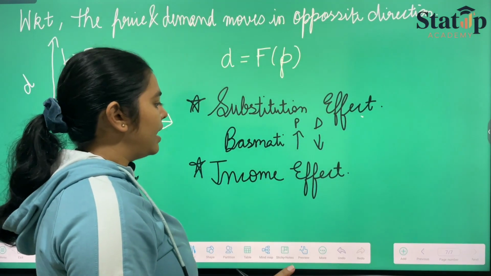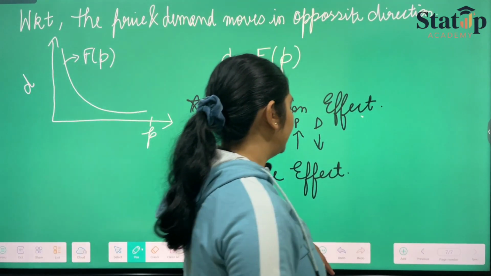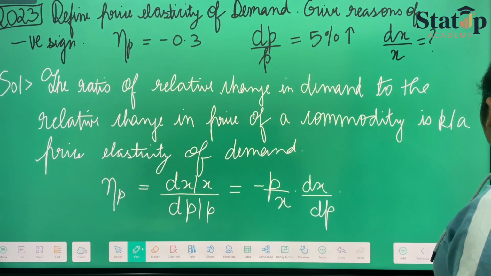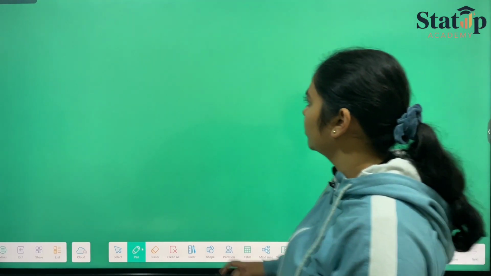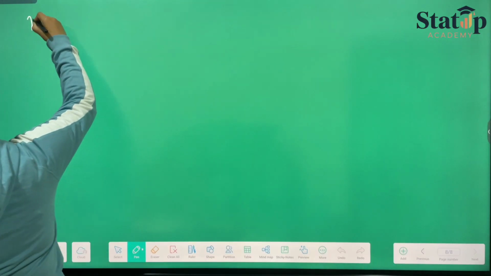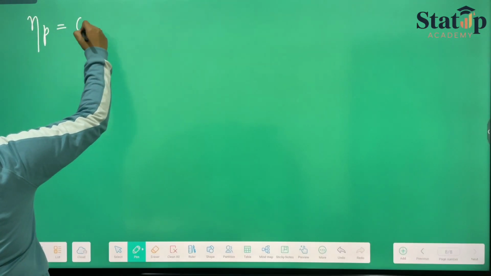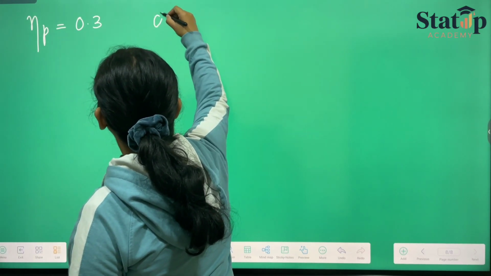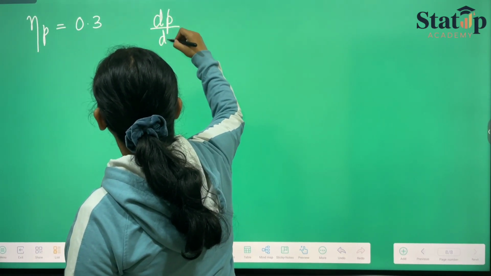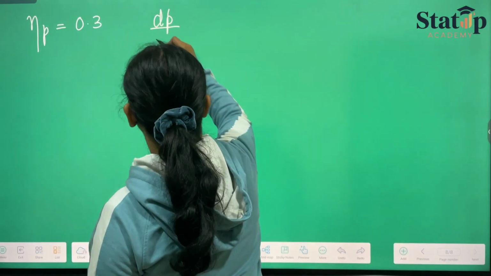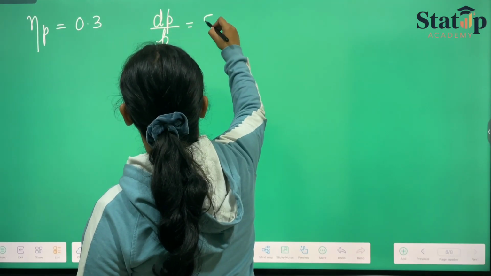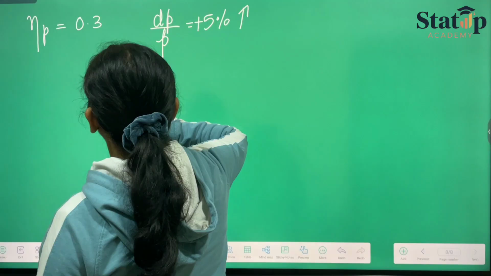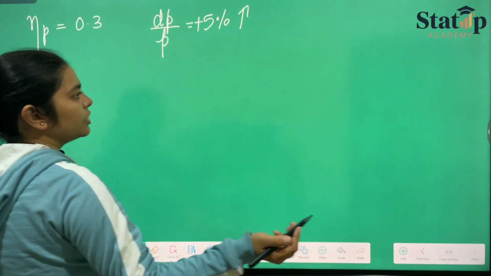One more concept I have to make you learn, but before that let us finish this question. We have been given price elasticity of demand as 0.3, and the relative change in price as a 5% increase. 5% increase means positive sign only, and we have to find the relative change in the demand.